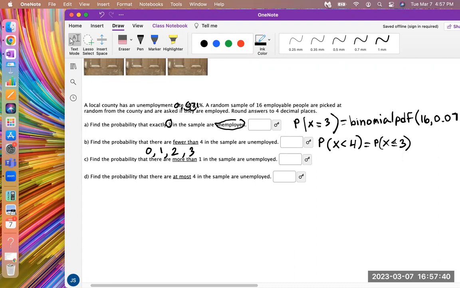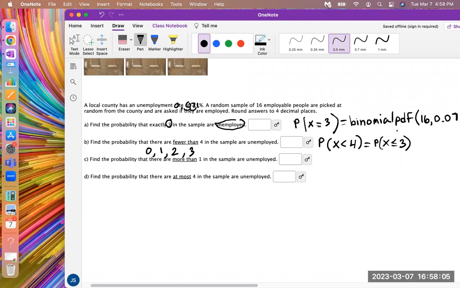So X less than or equal to 3, or 3 or fewer, is the same as saying fewer than 4, because fewer than 4 does not include 4. It means strictly smaller than 4, right?